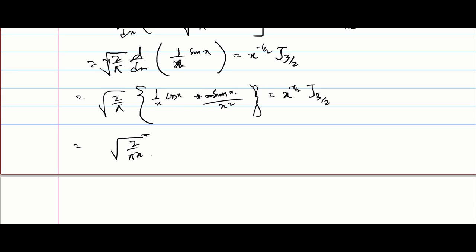Same thing, so this will get cancelled, and x^{1/2} we can take common outside, leaving cos x minus sine x by x, that is 1 by x square, equals x^{-1/2}J_{3/2}.